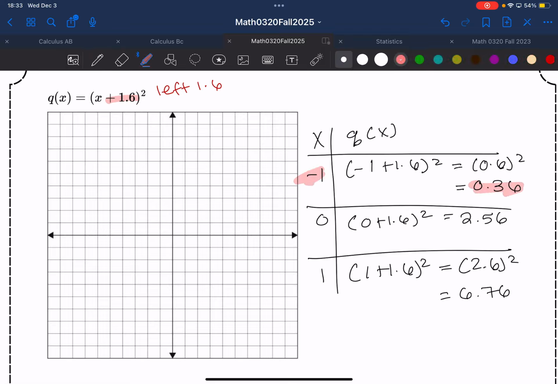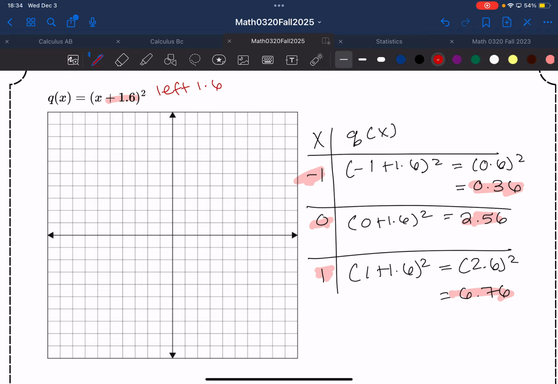These would be the points that I'm plotting now. When I graph this, the end goal is that I should see a parent function that has been moved to the left. So I'm going to plot these points.